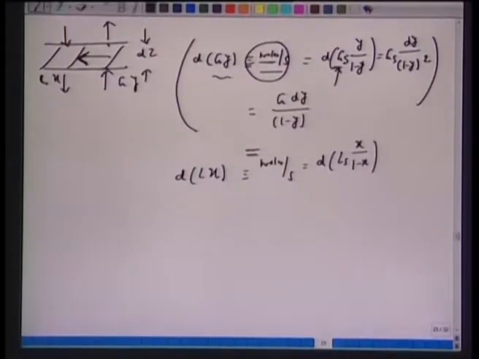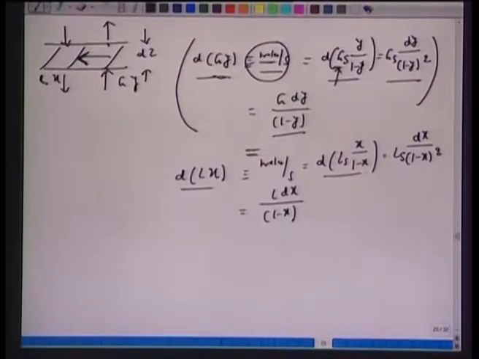Look at the analogy. It is the same: Ls dx over (1 minus x) squared, which also equals L dx over (1 minus x). So, all these quantities equal each other, because that is your species balance under steady state.